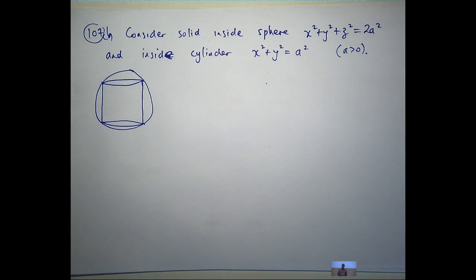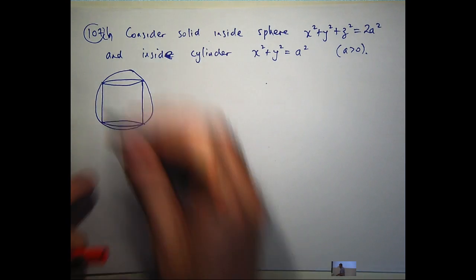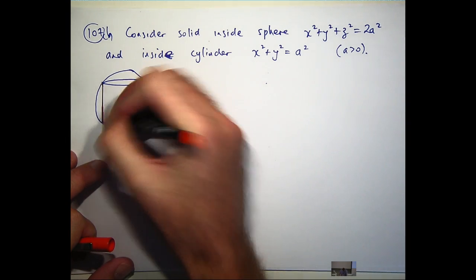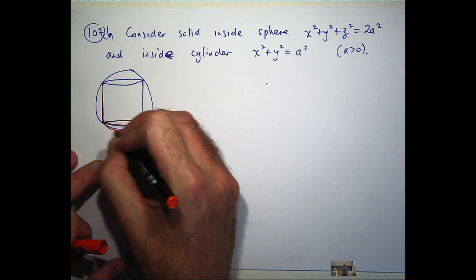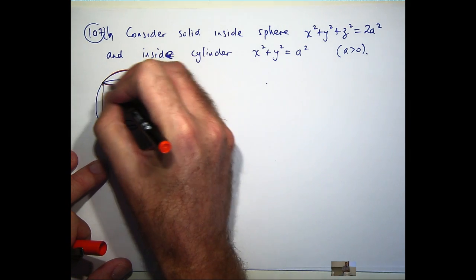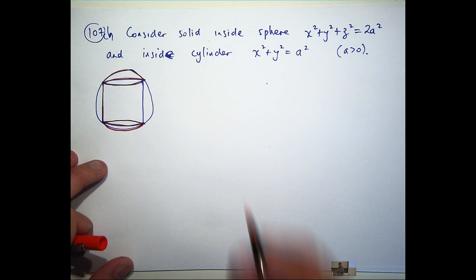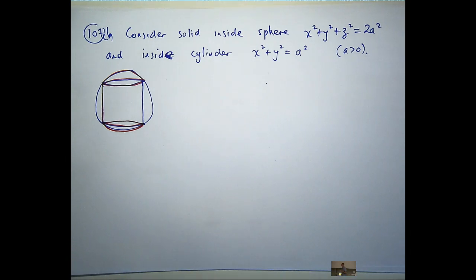And what you want is the volume of the cylinder, plus these little end bits. Okay, it's badly drawn, but hopefully you get the idea. So you've got a cylinder with two little round bits on the end of it from the sphere. You want that volume. Okay?